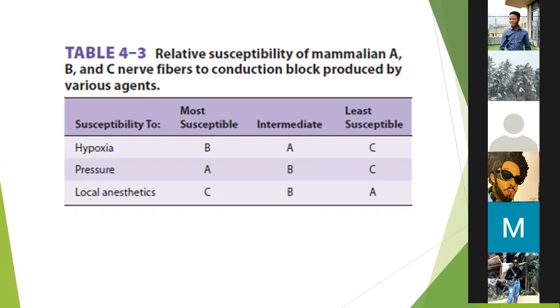Now, this is looking at some of the characteristics of the muscle fibers. Apart from what we looked at, the diameter, the size, the speed of conduction, there are also some responses of these fibers that differ depending on the classification of the fiber.